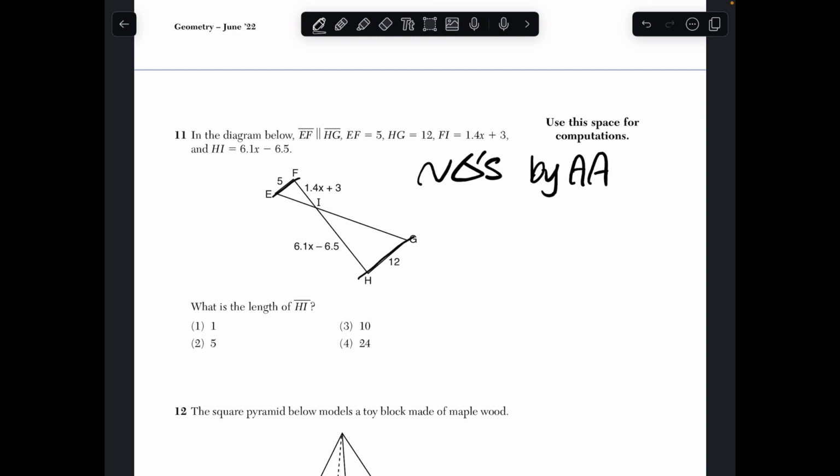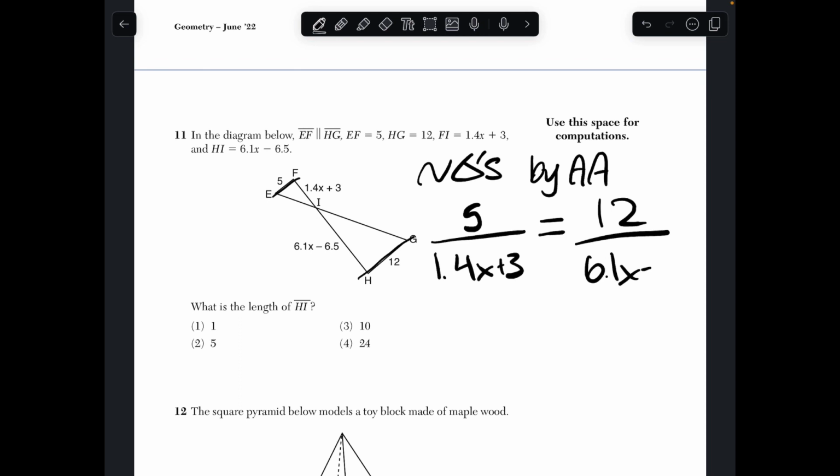So first I'm going to take this little triangle side. It's 5 over 1.4x plus 3. That equals 12 over 6.1x minus 6.5. These are equal proportions. Even though they are different numbers, they boil down to the same thing. So we're just going to cross multiply.